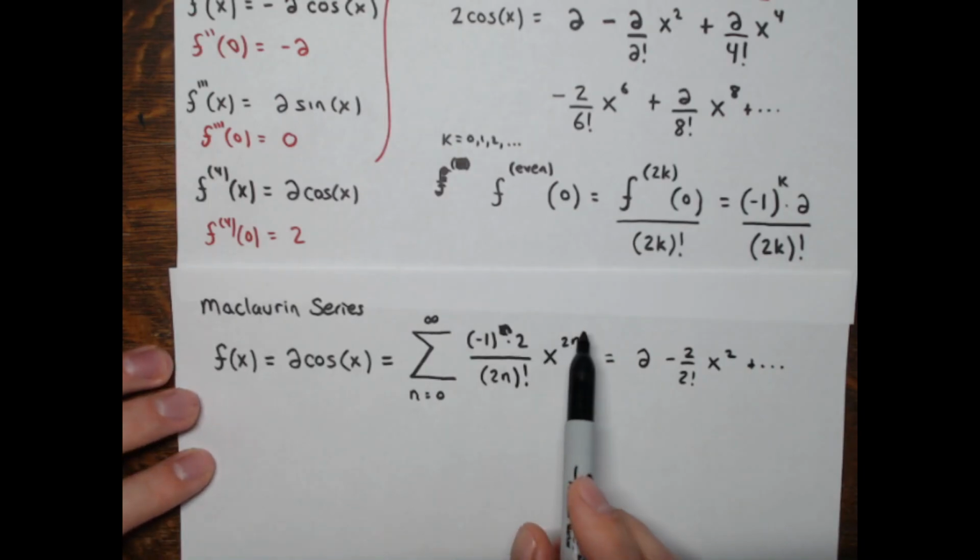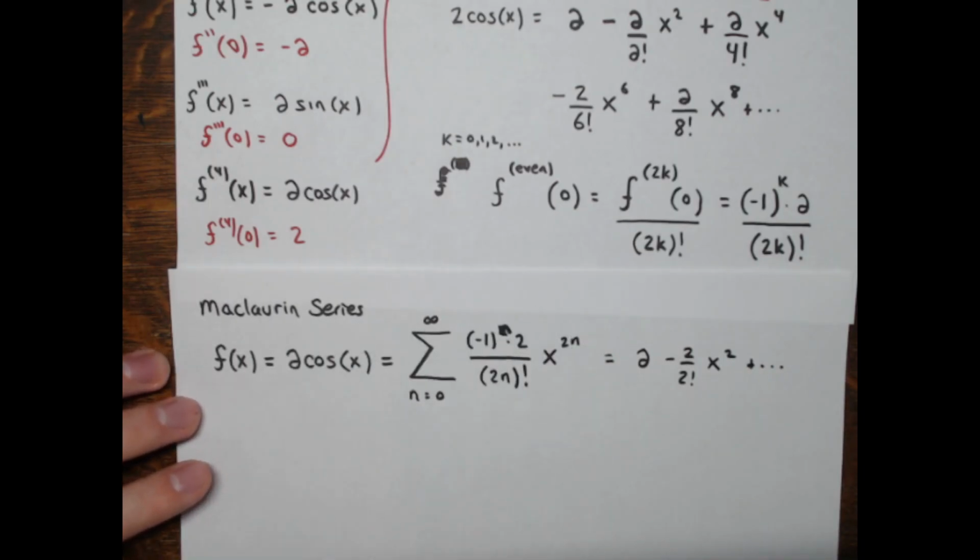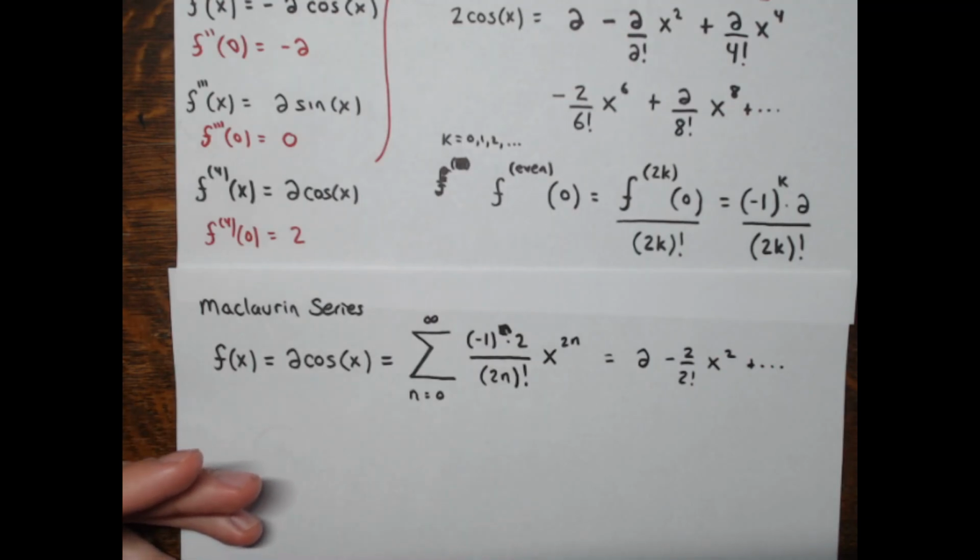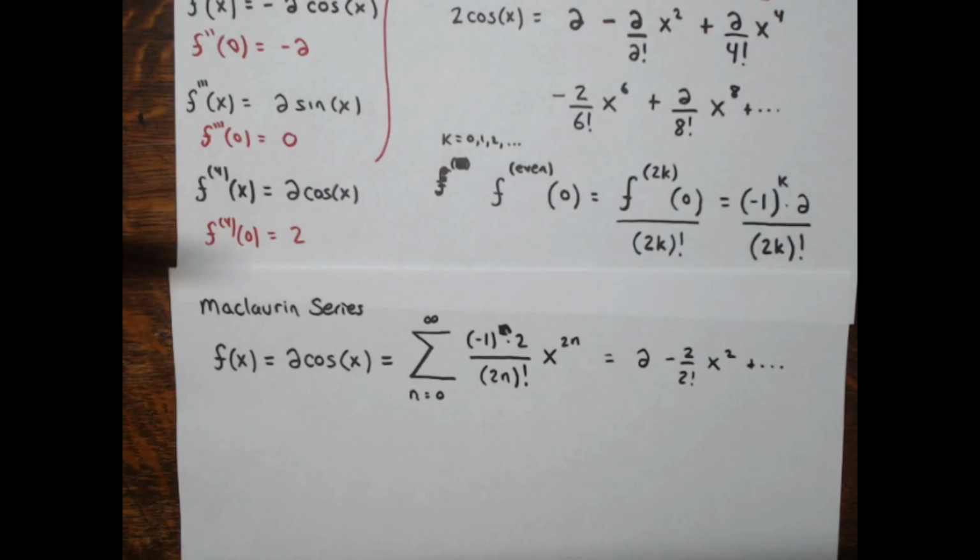Okay, so there's the Maclaurin series for this function. And then something you're also going to have to do, not in this video, because we haven't gotten to the error part yet. I just wanted to show you how to develop a Maclaurin series at least, because it's important.